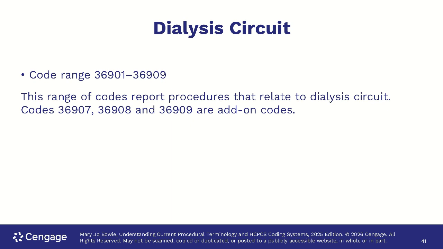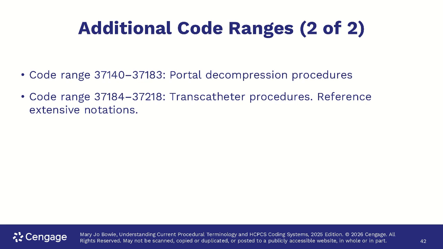All right, dialysis circuit. These codes reflect a range of services that relate to the dialysis circuit procedure. In the CPT manual, you will want to review the definitions, and there are terms like dialysis circuit, peripheral dialysis segment, central dialysis segment, and so forth. There, you will see more about that procedure.